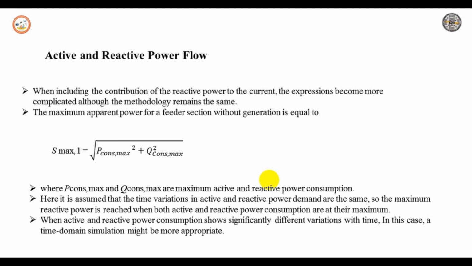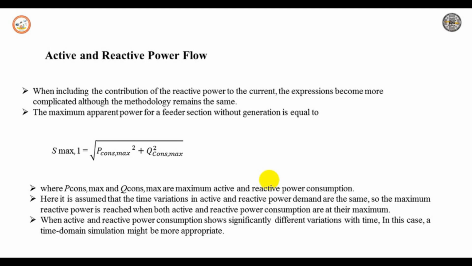The maximum apparent power for a feeder section without generation would be equal to: S max,1 equals the root of P consumption maximum squared plus Q consumption maximum squared. Here P consumption maximum and Q consumption maximum are the maximum active and reactive power consumptions.